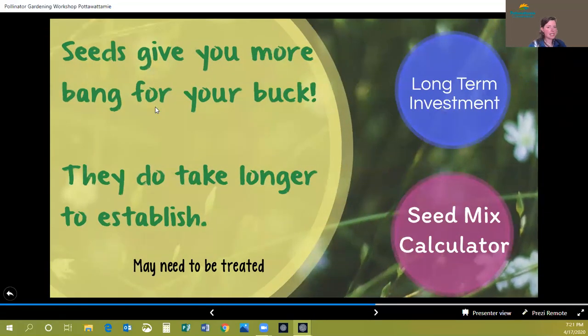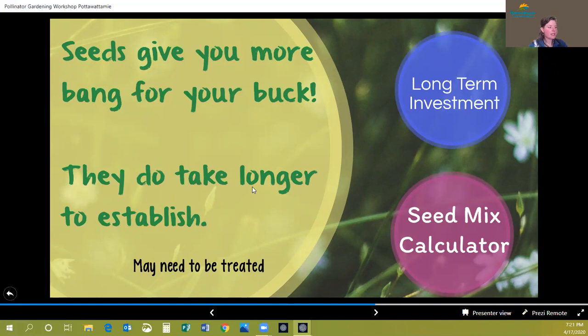So let's talk about seeds first. They give you more bang for your buck because they're cheaper to buy and you get more of them. They do take longer to establish, and we'll talk about that in a second because you don't have the mature plant right there, right? And native seeds are dormant when you first get them, so they don't accidentally sprout at the wrong time of the year and die, right? So you don't want to sprout in the middle of October and then not have enough root mass underground to survive the winter.